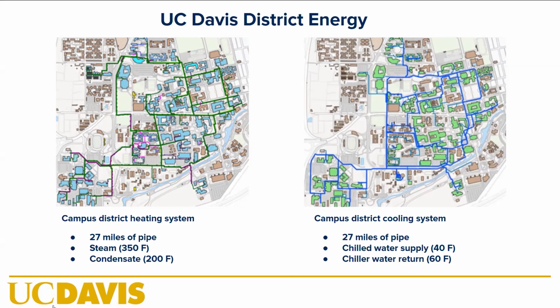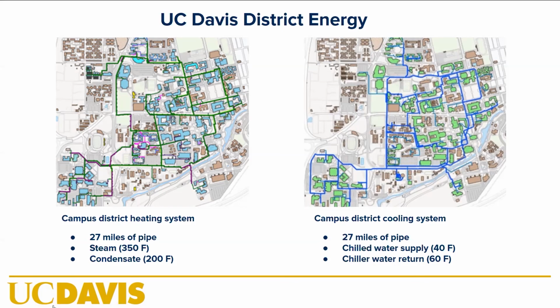It's all underground, and it's been installed over the last 50, 60, 70 years, so it's in various conditions. The steam system does go out to the campus buildings from the central plant at about 350 degrees. That's at 135 PSI, and comes back as condensate, we call it.